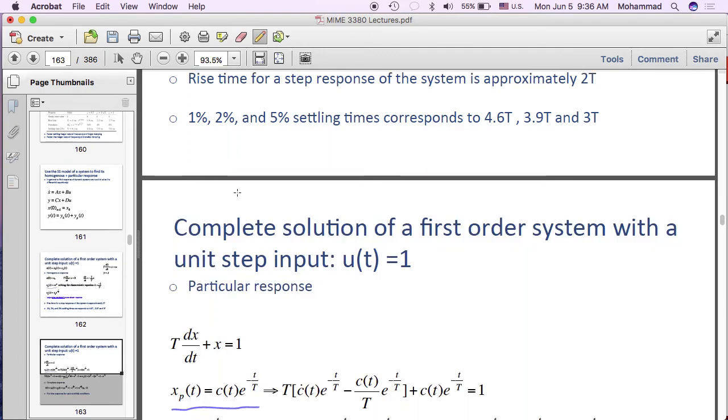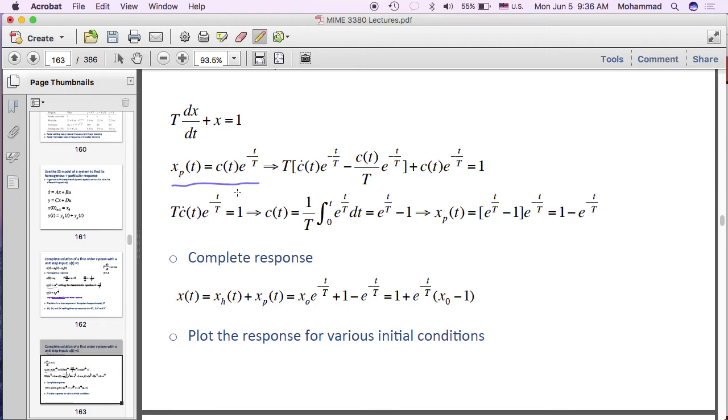In finding particular response, we don't assume c to be constant. Rather, we let c be a function of time, so we can capture the effect of any input we want. If you make that assumption that c is a function of time, similar to what we did in the past, you can find x dot and plug it into this equation.